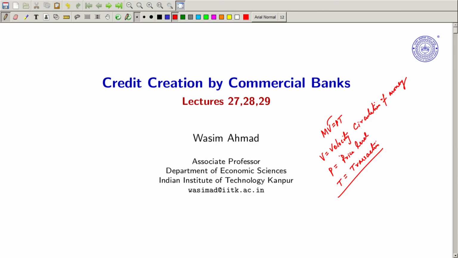This is the velocity circulation of money, and this can be done in two ways. It is having one transaction, that's why it is called the equation of exchange. And this transaction could be cash financed or bank financed. So if you have more EMIs getting subscribed by customers to the bank, then it is also leading to changing the money from one to another.